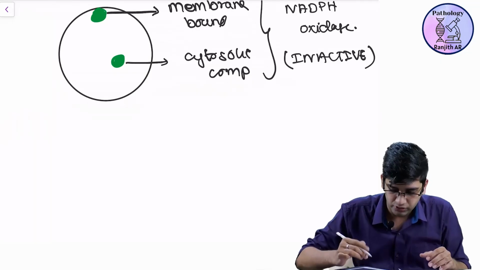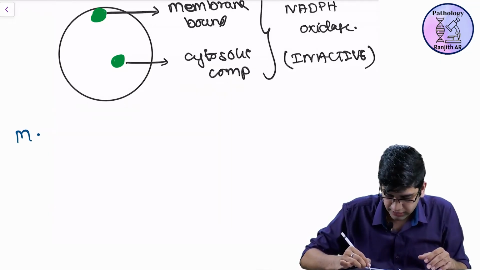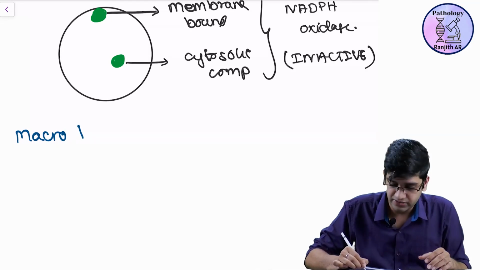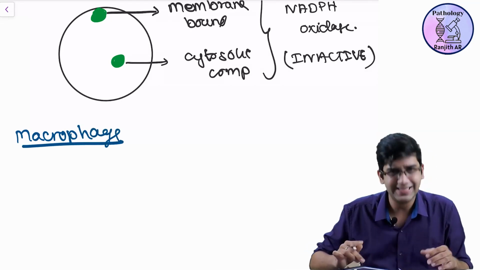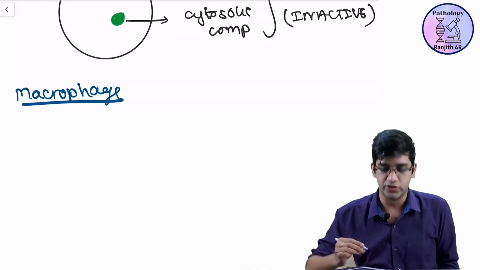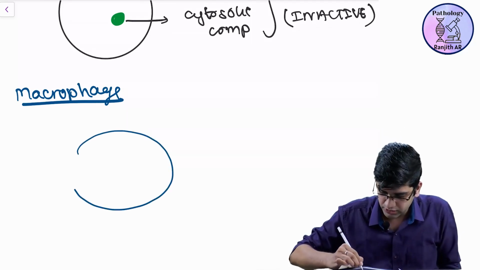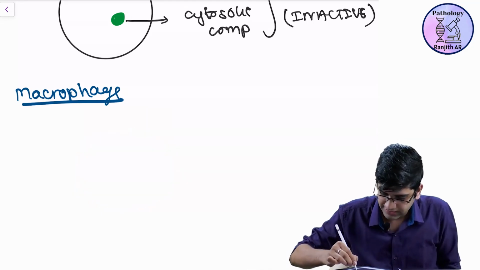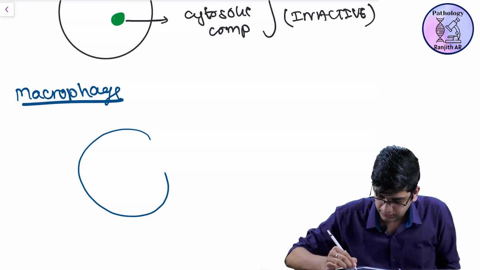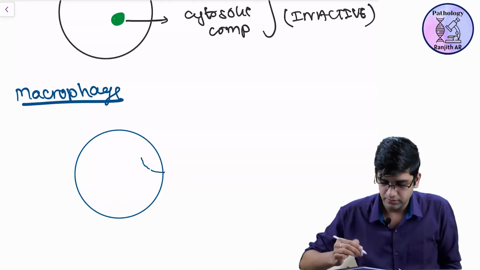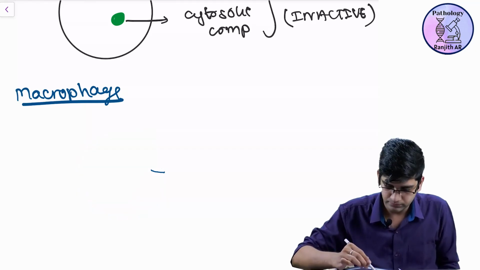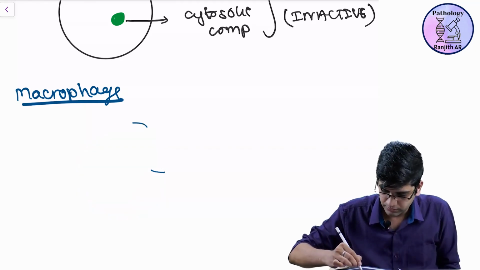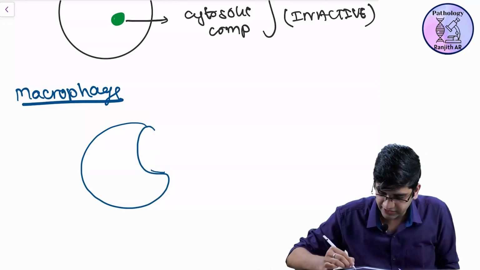Now let's come to a macrophage. The macrophage phagocytoses the bacteria with the help of receptors and opsonins. I'll remove the circle, right? So let's have a macrophage, and this macrophage is engulfing my bacteria.